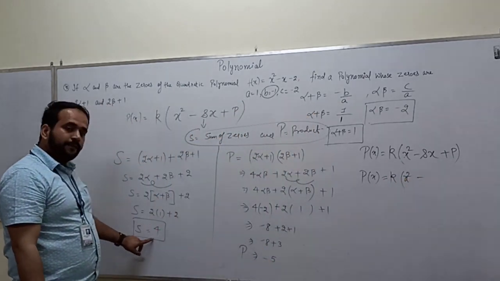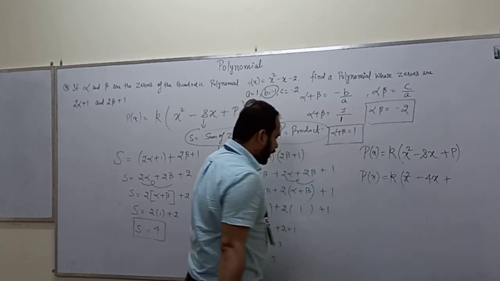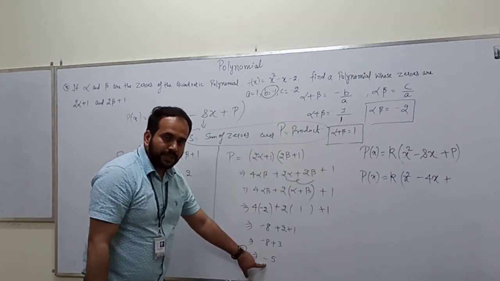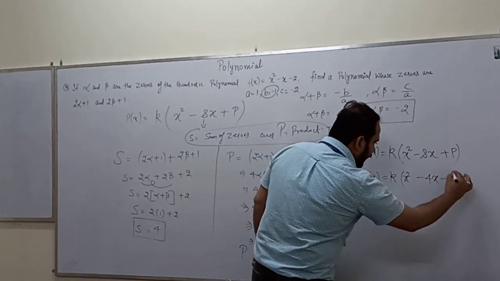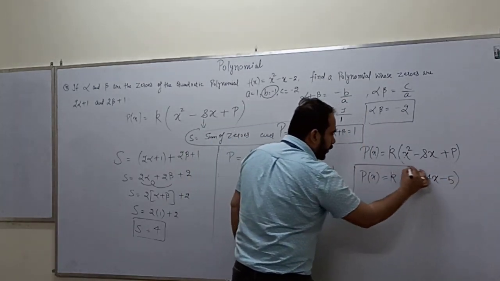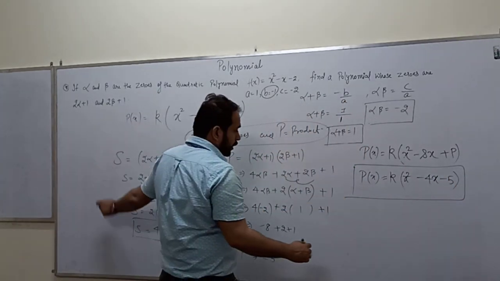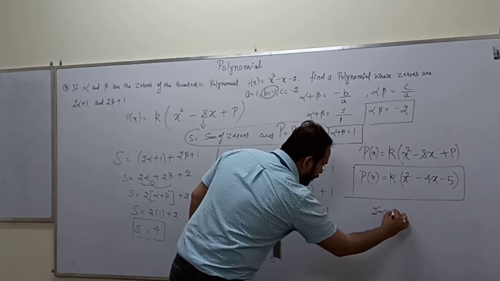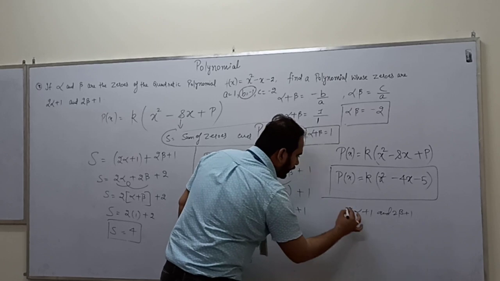Now what is s? 4 into x plus product. Product was equal to minus 5. So instead of plus, we get a sign which is minus 5. This is our required polynomial whose zeros are 2 alpha plus 1 and 2 beta plus 1.